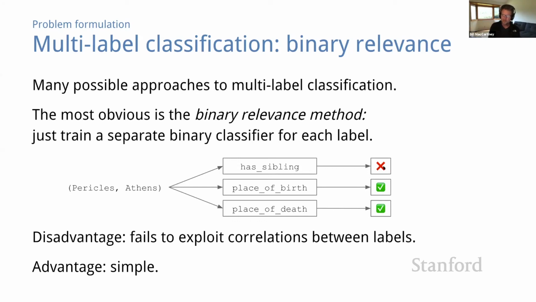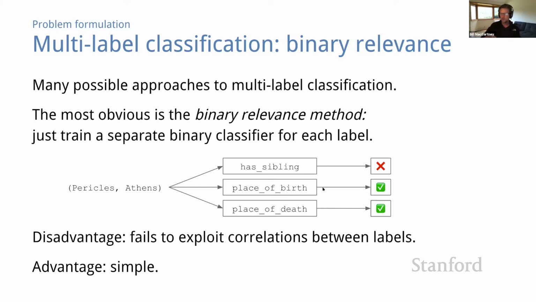A disadvantage of this approach is that, because it treats the binary classification problems as independent, it fails to exploit correlations between labels. For example, there may well be a correlation between the place of birth label and the place of death label. If you already have evidence that the place of birth label applies, that might tilt you at least a little bit toward saying yes for place of death.